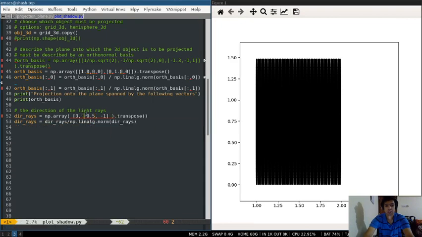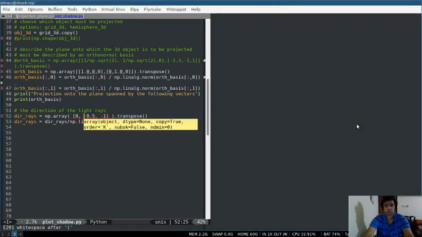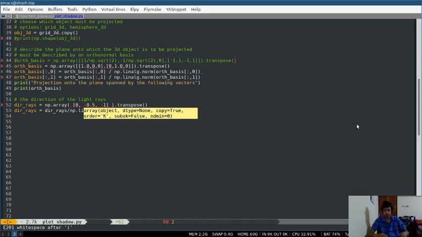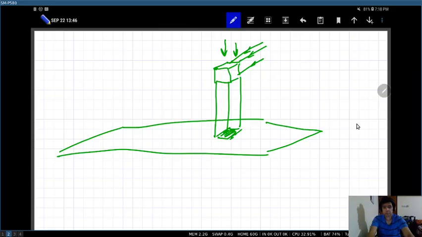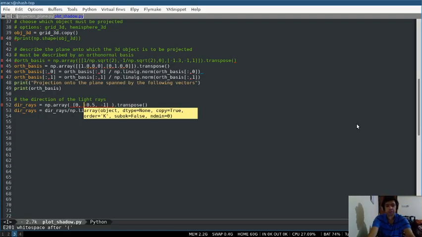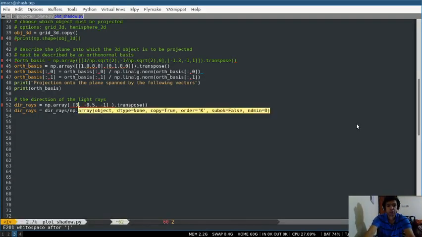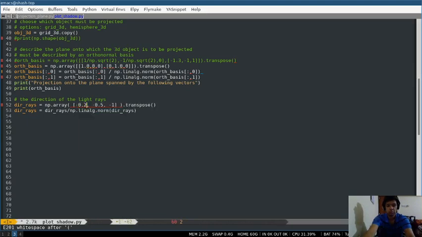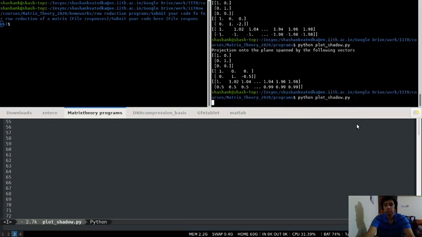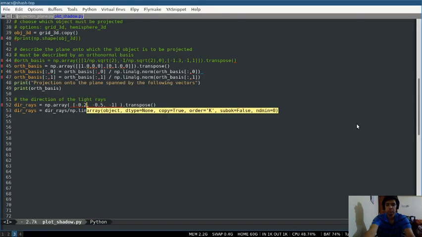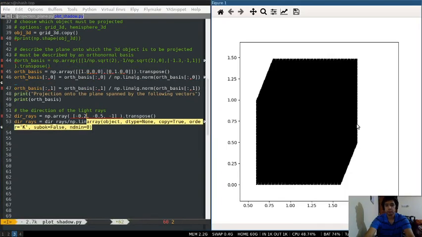So if I shine it in a slightly different direction, this is from one side. So this is what happens if I shine the light from one side. If I make an oblique angle, so basically if I have, say, minus 0.2, shine it along this, then basically I would get something like this. So this would be what the shadow would look like.